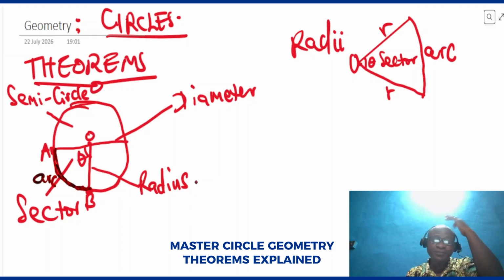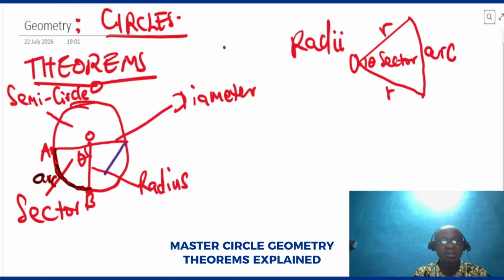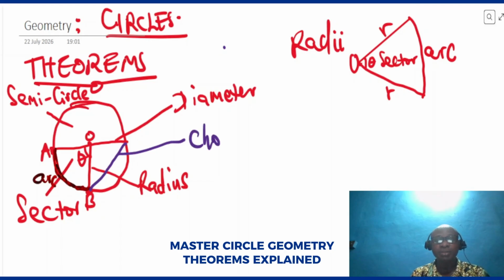Then again, if there is a line that divides a circle into two unequal parts, like in this one, I prefer to use a different color for you. So let's say I use this one now. This is called a chord. And what is a chord? A line that divides a circle into two unequal parts.